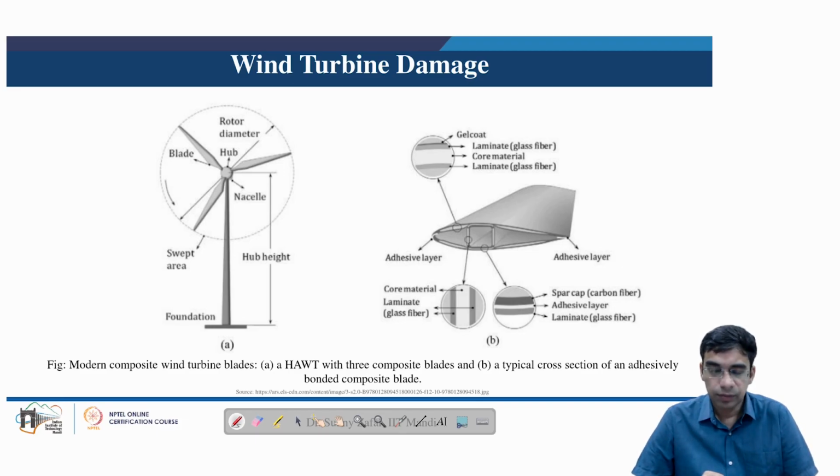In the inside of the blade, the cut section, we can see these are adhesively bonded to a core material, and this core material provides the strength to the hollow blade. In the glass fiber also, the composite materials are stacked up as laminates, on top of which there is a gel coat provided to prevent the ingress of moisture from the rain or the surroundings.